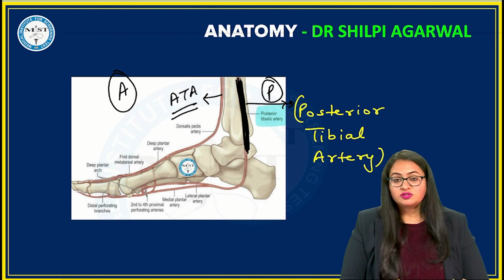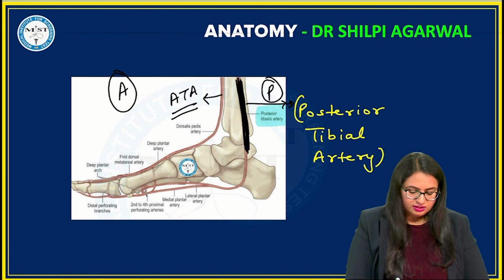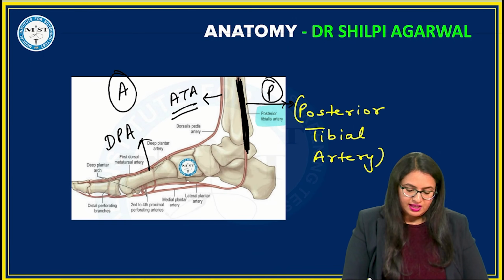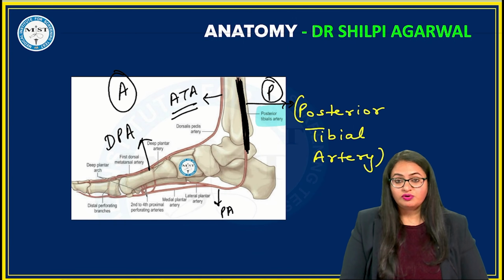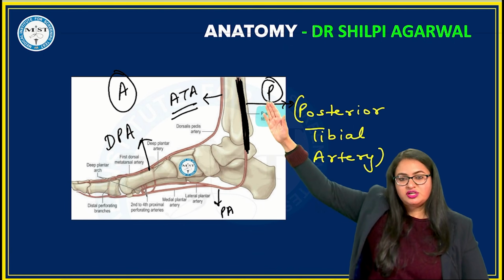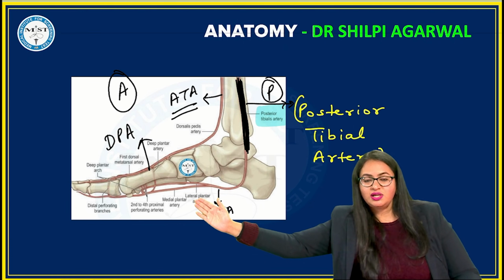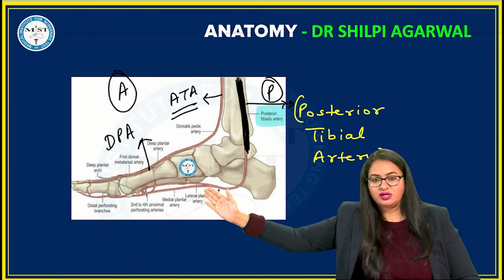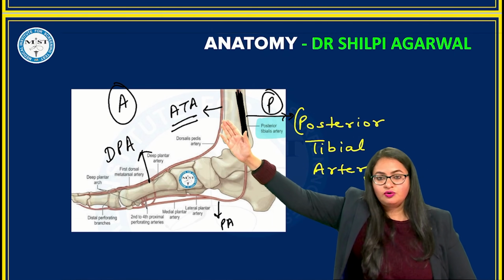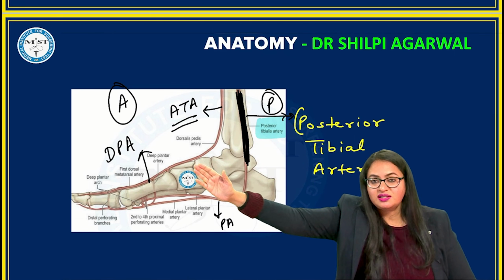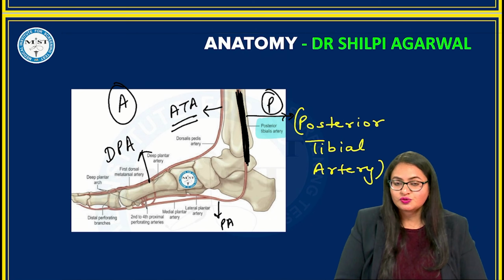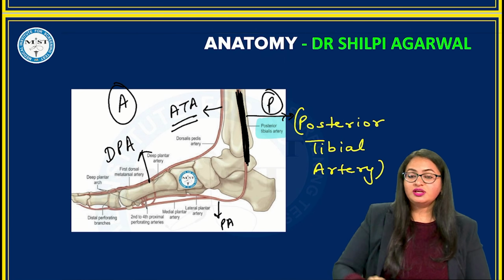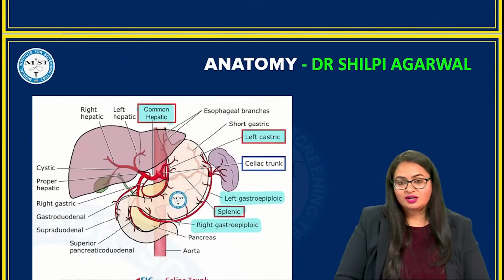Now, apart from this, the anterior tibial artery continues into dorsalis pedis artery, and posterior tibial artery continues as plantar artery over here. So this is the posterior tibial artery going towards the sole as plantar arteries, medial and lateral plantar, and anterior tibial artery over here continues as dorsalis pedis artery, which is towards the dorsum of the foot. Very important over here, posterior tibial artery.